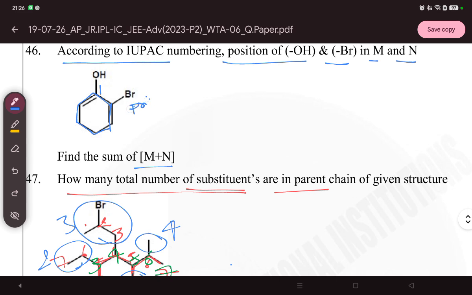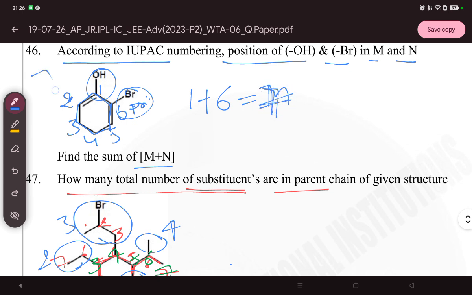Compared to prefix, functional group will get high priority, and to this double bond we have to complete numbering. Then the final root word is this one. OH is present at first position and bromine is present at sixth position. Totally 1 plus 6 is equal to 7 is the answer.